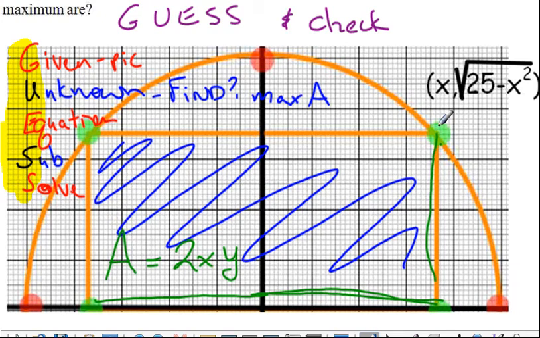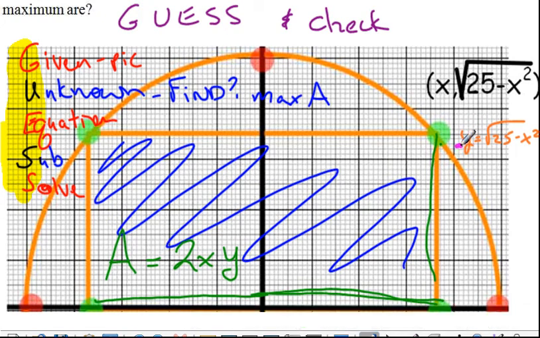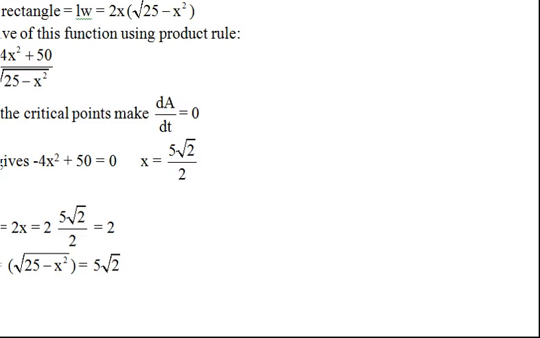So those are a couple of nice tips that I would share. Since we know that this function, our orange function, is y equal to the square root of 25 minus x squared, we could substitute that in for the y. And there's the substitute. And then we could take the derivative and set it equal to 0. This was done by the teacher who asked the question.